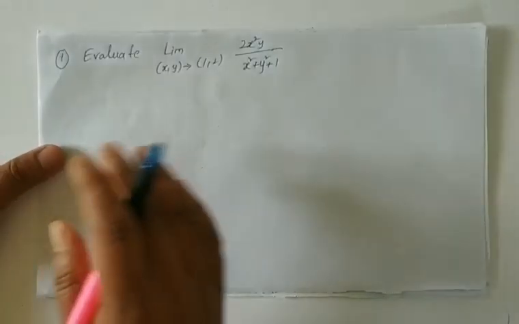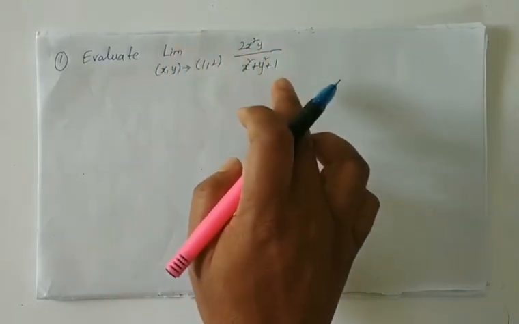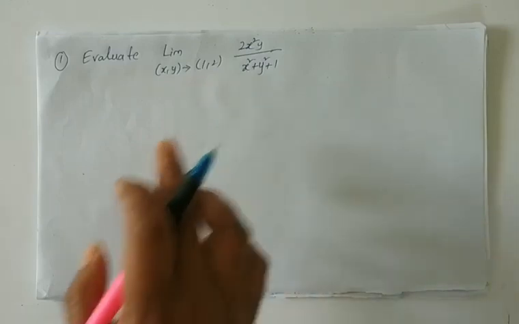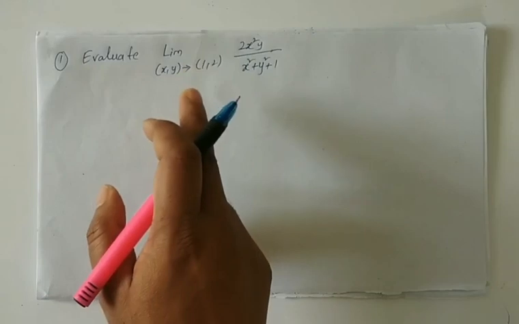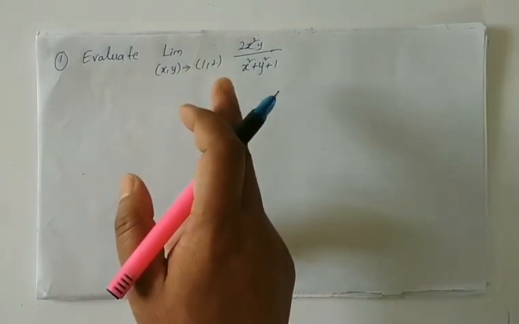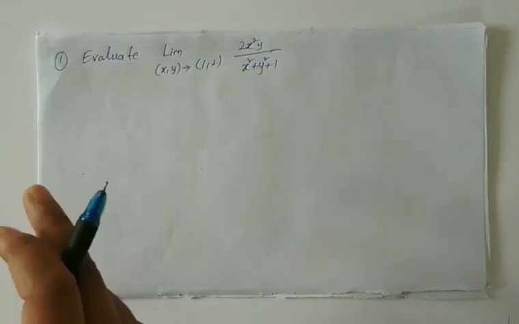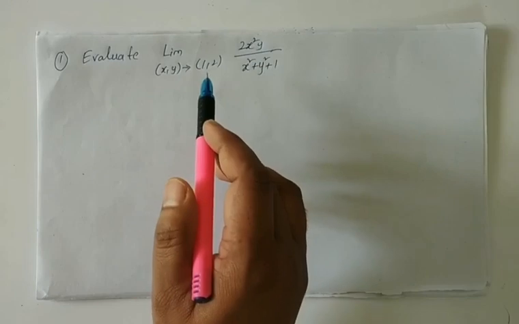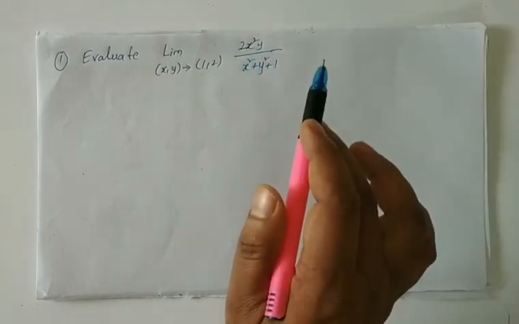Students, very easy problem. For evaluating the limit of this function as (x, y) approaches (1, 2), we just have to substitute either first y is equal to 2 or x is equal to 1 in the function. That's all.